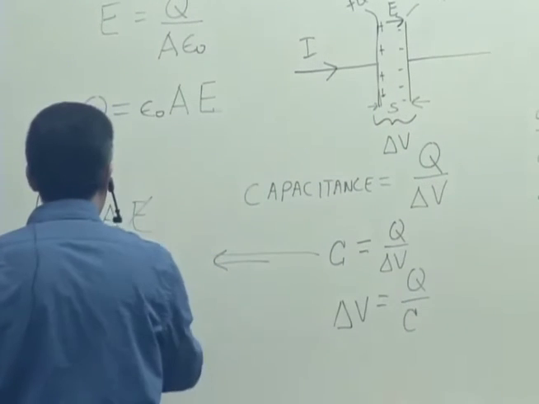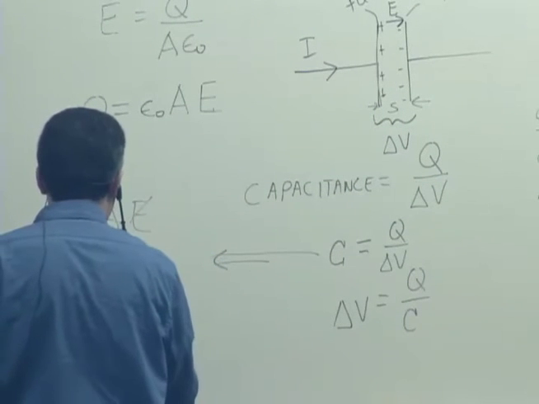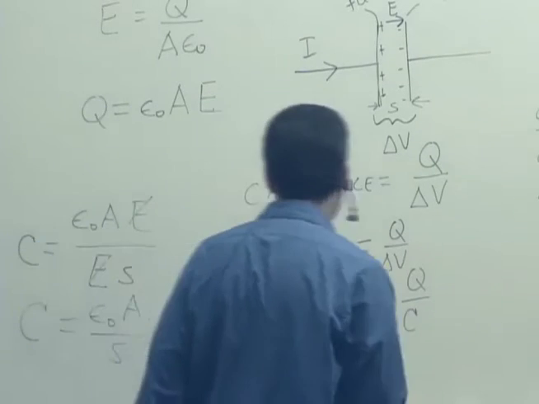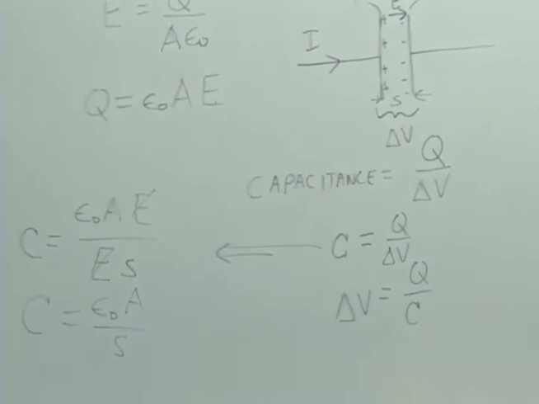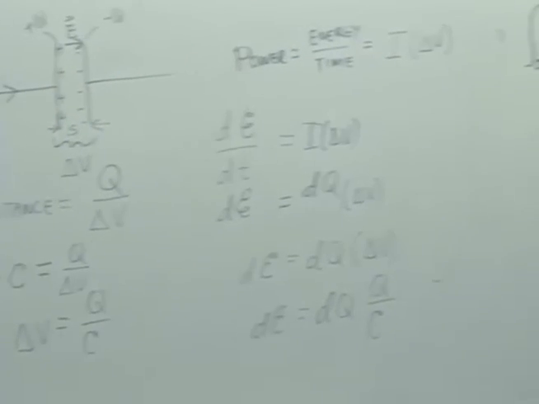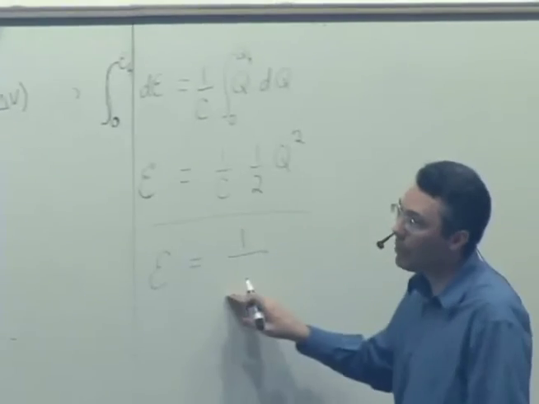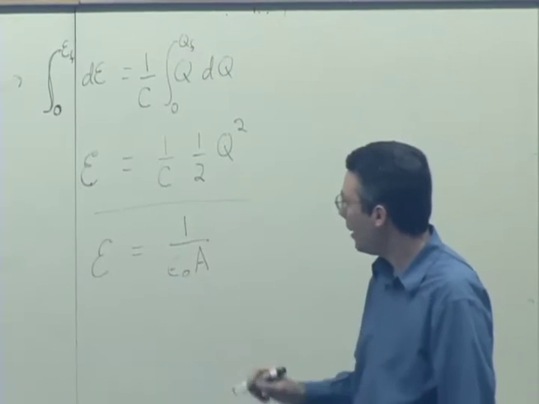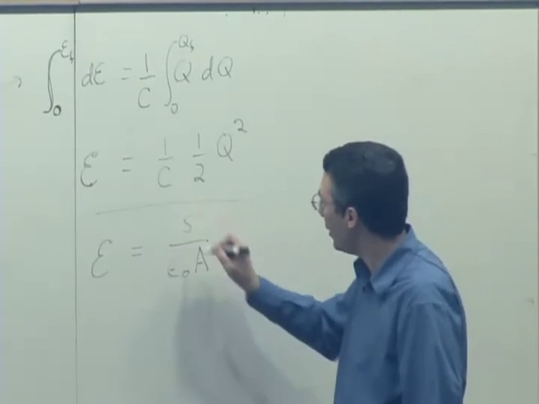The electric field cancels out, and then the capacitance just depends on the dimensions of the capacitor and this constant. So let's plug all that in. We have then the energy stored being equal to 1 over the capacitance, so that's epsilon 0 area, and then we have S up here.